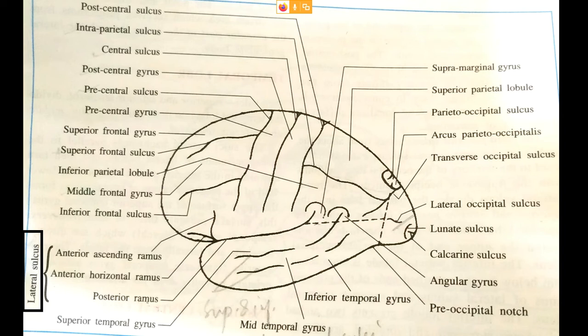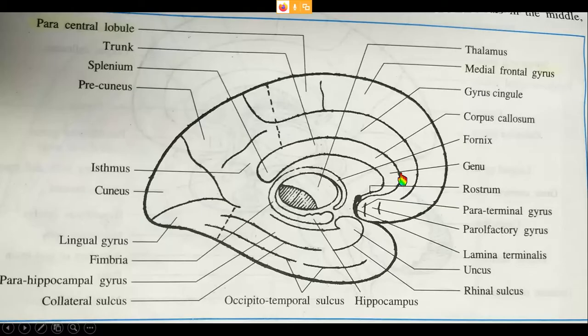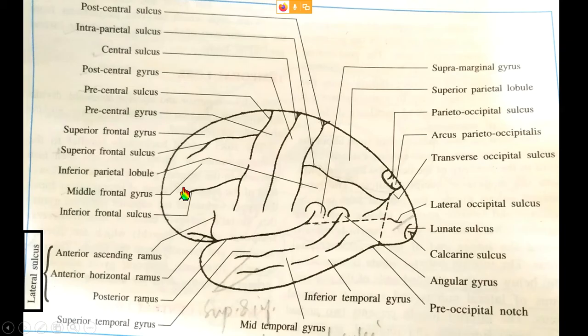Then coming to the parieto-occipital sulcus. Here you can identify the parieto-occipital sulcus. It cuts the superomedial margin of the hemisphere. Let me show you the sulcus over here clearly. It cuts the superomedial margin of the hemisphere about 5 centimeters in front of the occipital pole and appears partly on the superolateral surface.